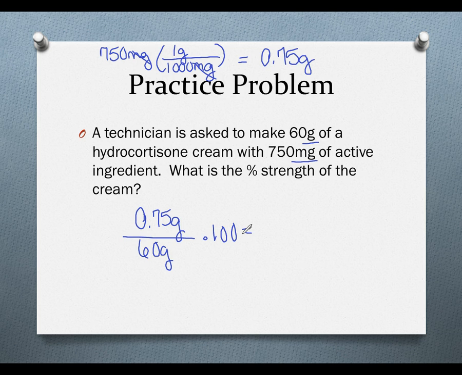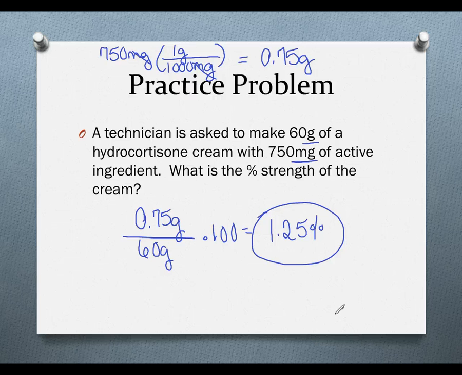So when I put that into my calculator, 0.75 divided by 60 times 100, that gives me 1.25%. That is an example of doing a concentration problem where a conversion is required.